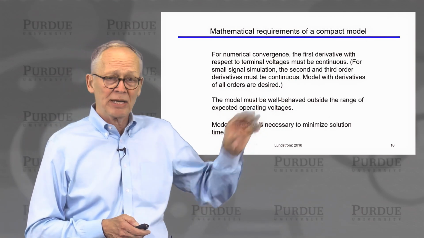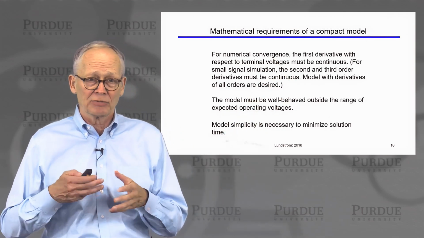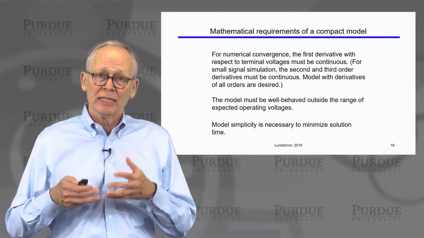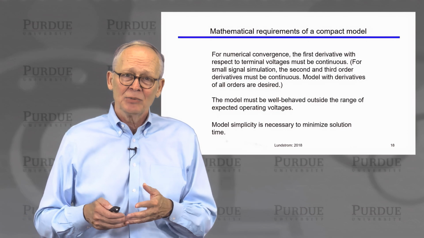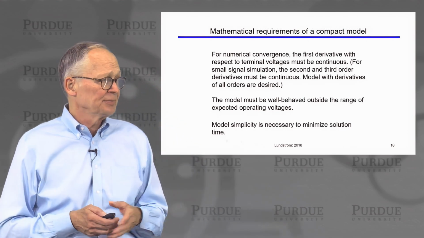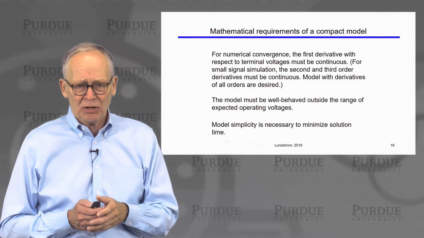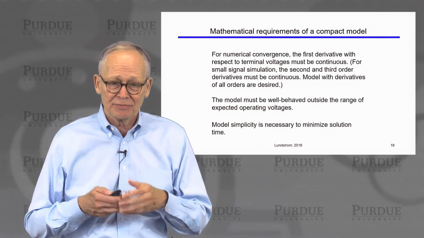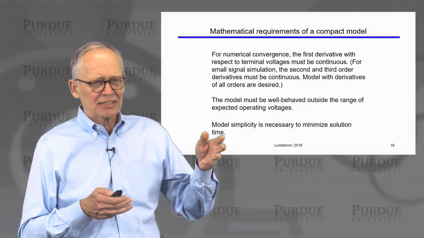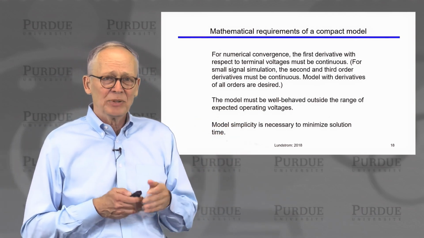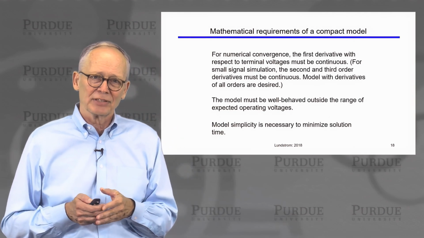Some of those mathematical requirements are that in order for the Newton-Raphson process for systems of equations to work, we have to have continuous derivatives. Now, in order to extract small signal parameters, we also have to have continuous first derivatives. And in order to extract some other parameters that are important, especially for analog design, we need even higher order derivatives that are continuous.